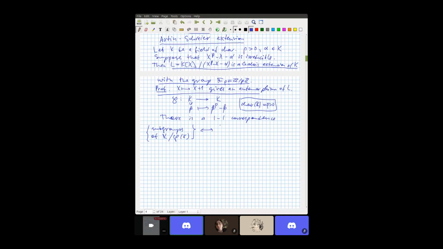And Galois extensions, cyclic extensions of K of period P.